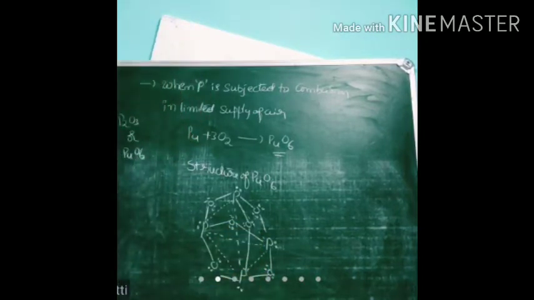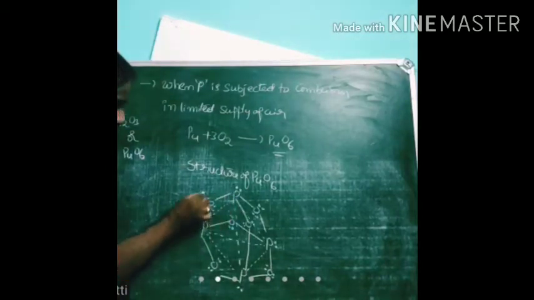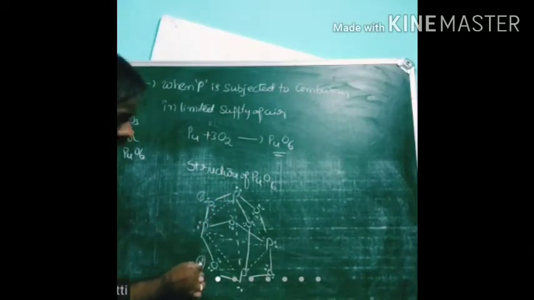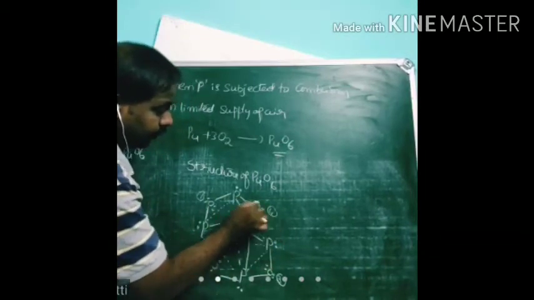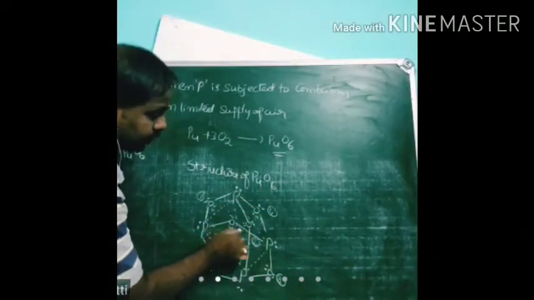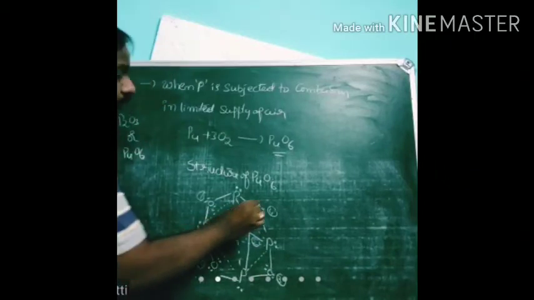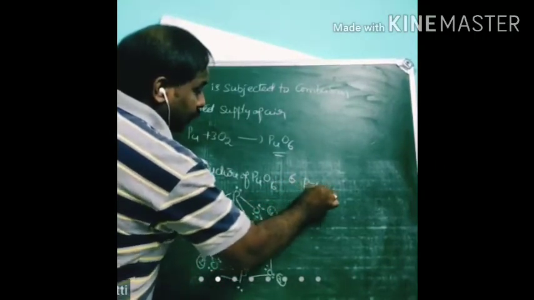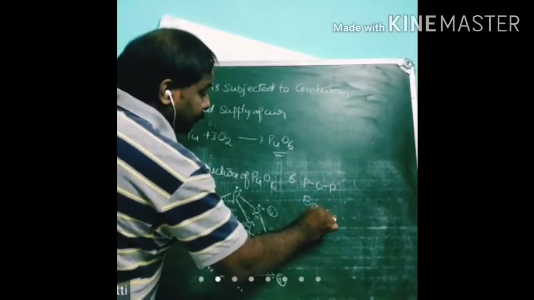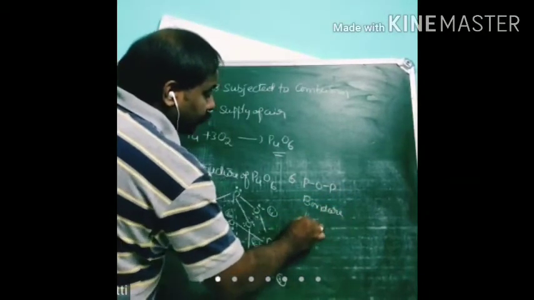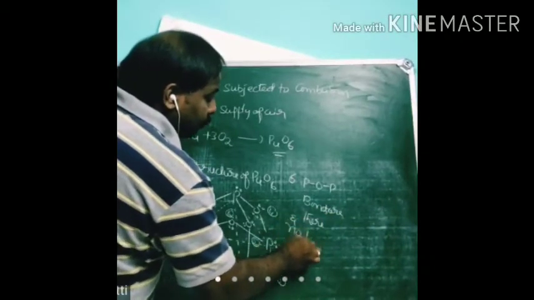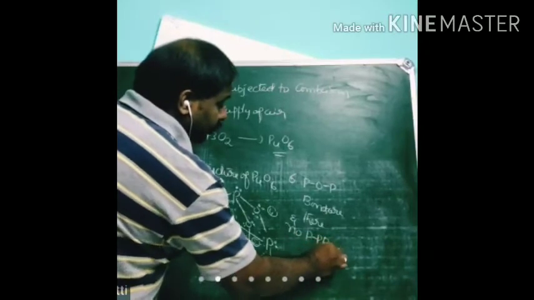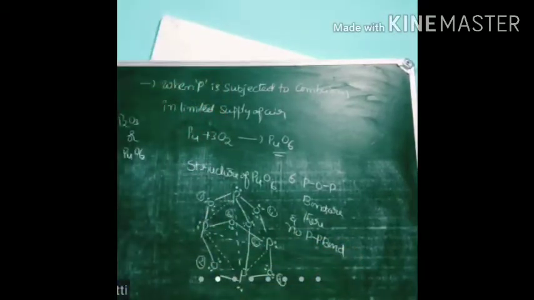Now in this case, how many POP bonds are there? This is one POP, this is two, three, four, five, six. So in this molecule, 6 POP bonds are there. And in this case, there is no PP bond.